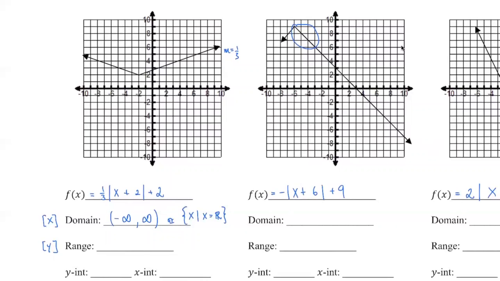Well, as you can see here, the vertex is located at (-2, 2), right here. This is the vertex, okay? And the graph would only go up and not down. So that means the Y values would be everything from 2 and up.